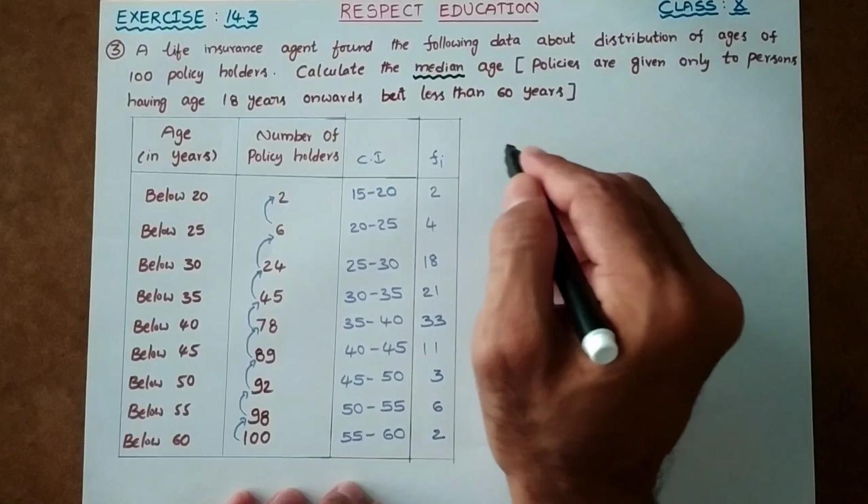So L is 35, let us substitute here. L plus means 35 plus (n by 2 is 50 minus Cf is 45) by F is 33 into H is 5.